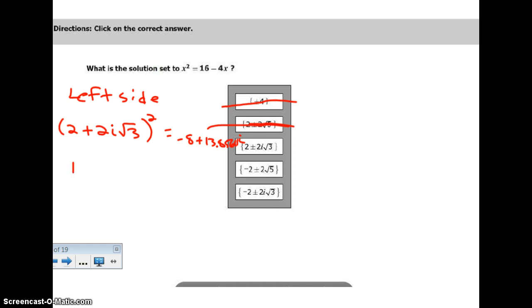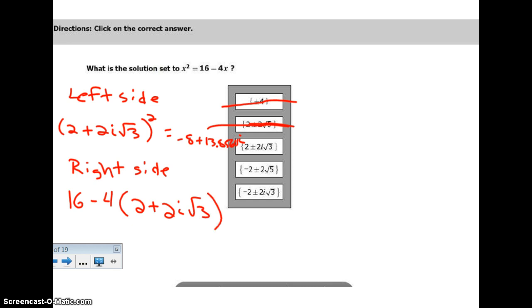Now let's do the right side using the same value for x. I know it seems tedious, but it's worth it. Okay, you're just going to match decimals. 16 minus 4x is going to be 16 minus 4 times, make sure you use the same value for x, 2 plus 2i radical 3. Okay, plug that in and let's see what you get.